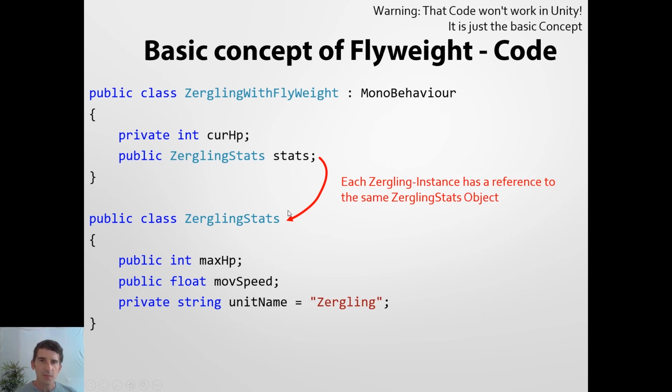So if I would program this in plain C#, not in Unity, what I would do is I instantiate one single instance of circling stats. And then I instantiate, I don't know, 500 circlings. And each of those circlings just has a reference to this single instance, okay? That's how you would do it in plain C#.